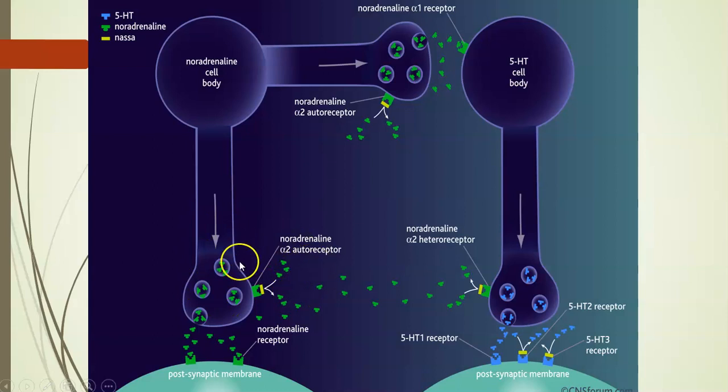The neurotransmitters released here can also bind to this alpha-2 heteroreceptor to reduce the release of serotonergic neurotransmitters into the synaptic cleft, right?